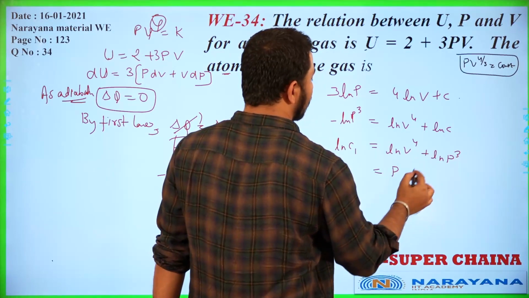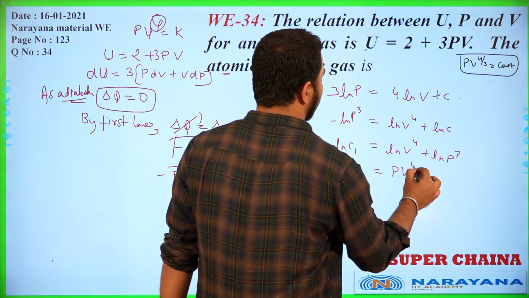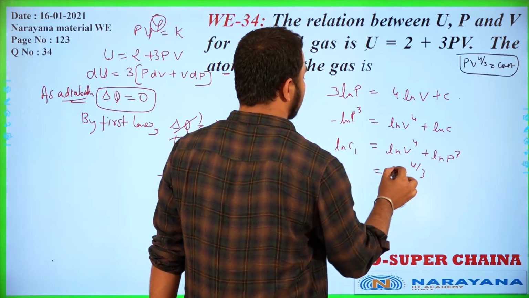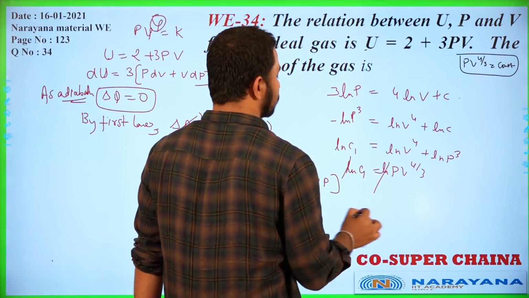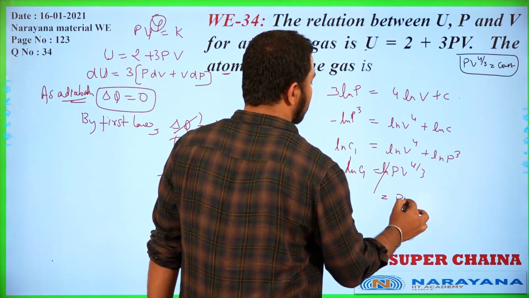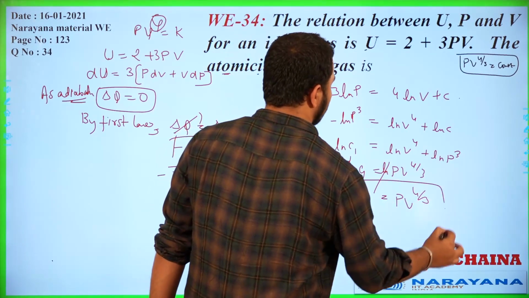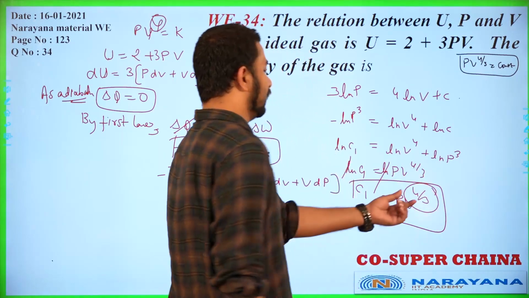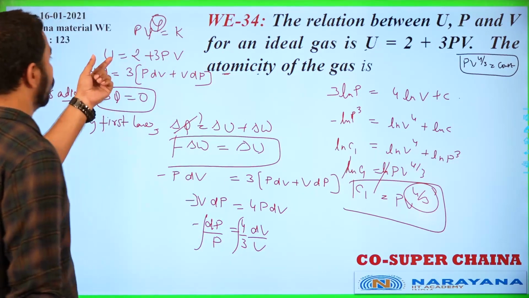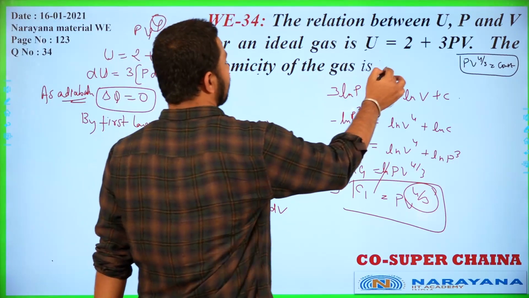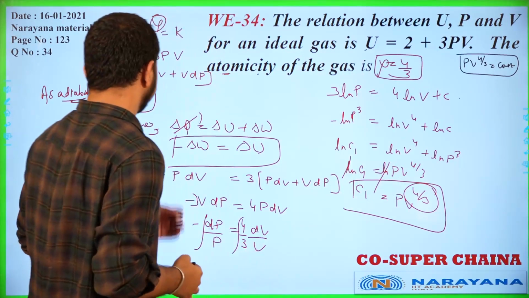So we can write PV to the power 4 by 3, and the ln terms can be cancelled out. So we are getting PV to the power 4 by 3 is equal to C, a constant. So what is our gamma value coming? Gamma is coming to be 4 by 3. So atomicity is 4 by 3, and that will be the answer of this question, student.